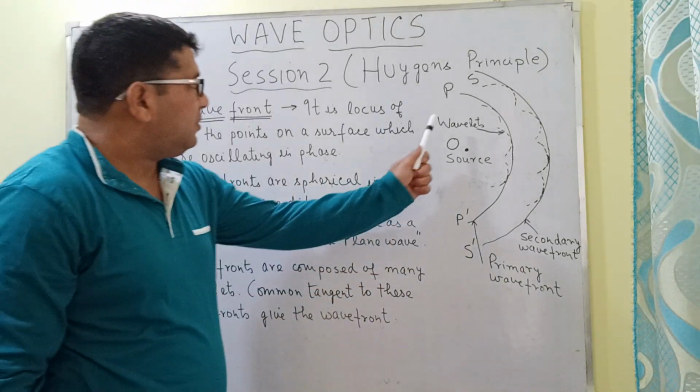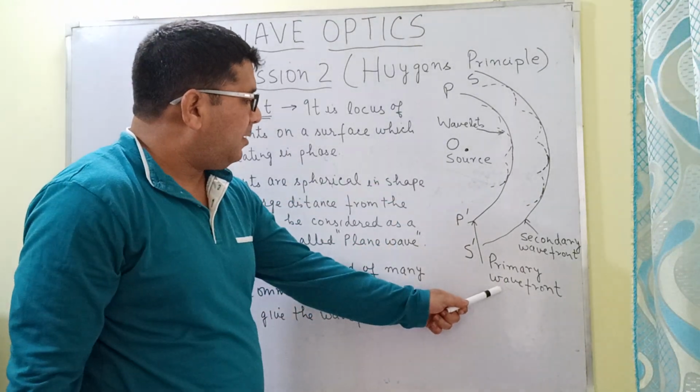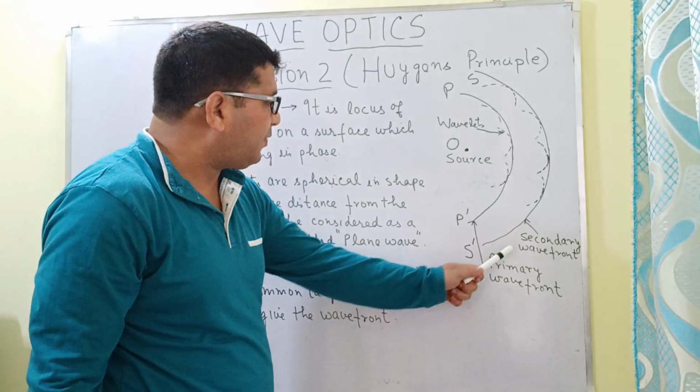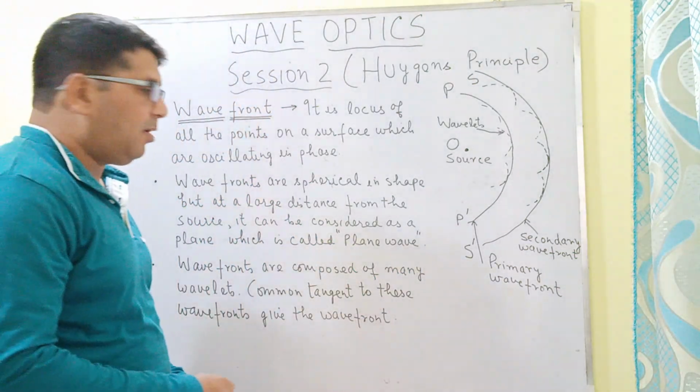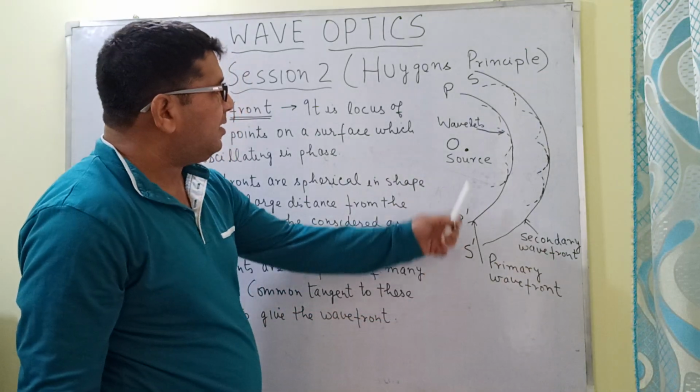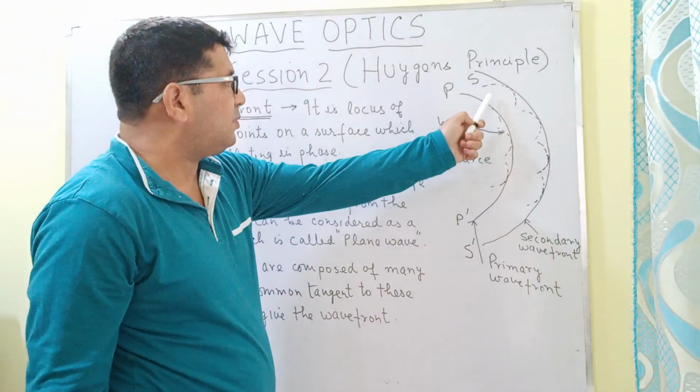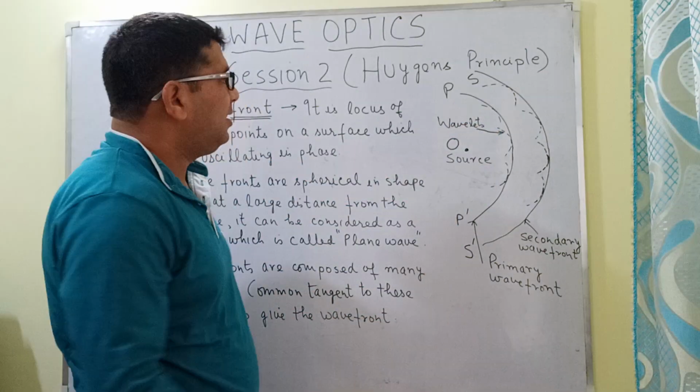So the first wavefront is called the primary wavefront, and each and every point on the primary wavefront acts as a source for the secondary wavefront.